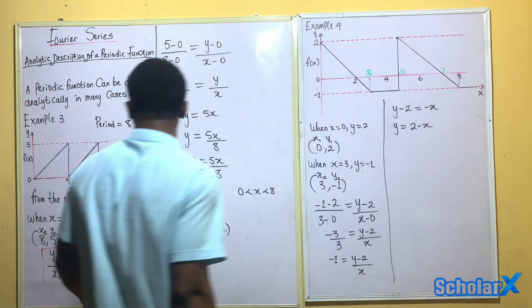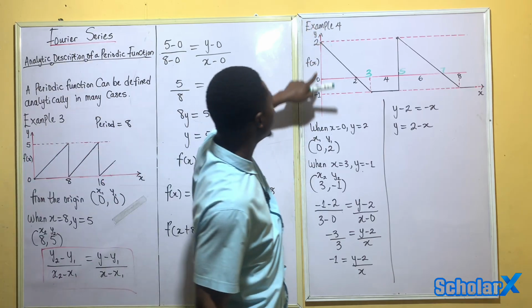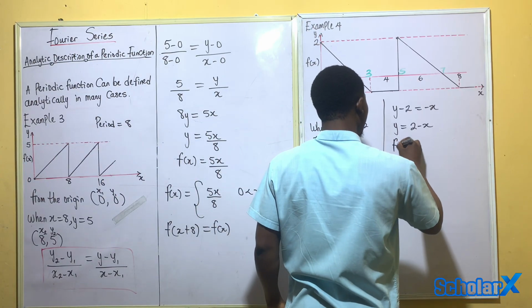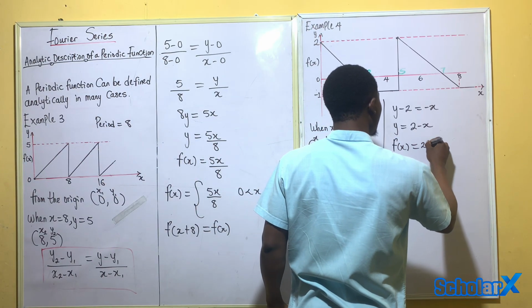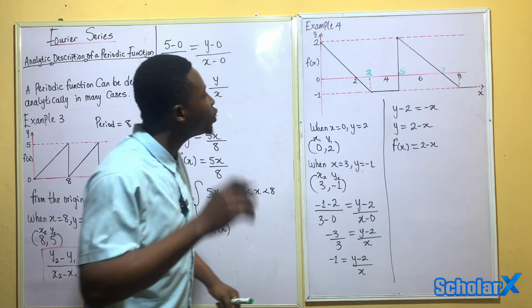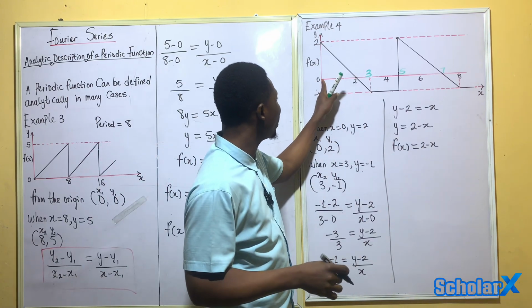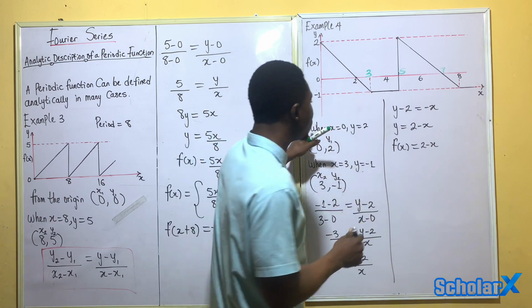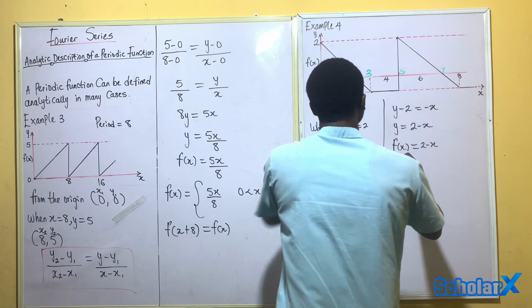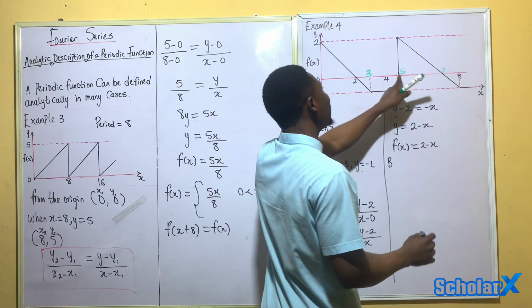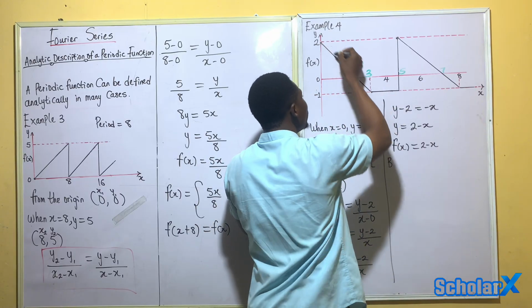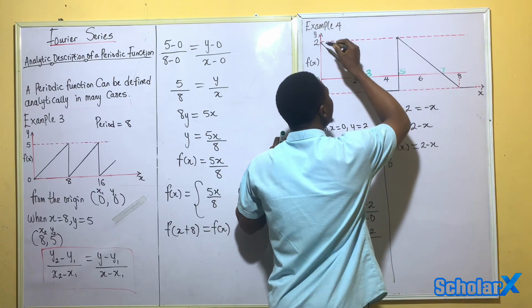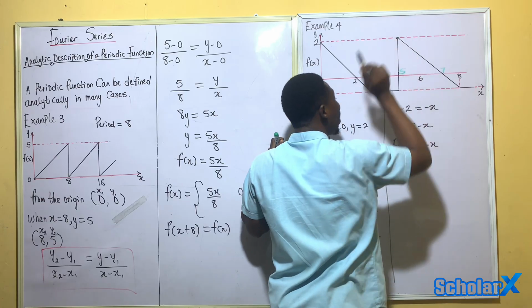Don't forget, this is our y-axis, and it's also our f of x axis. So our f of x at this point is equal to 2 minus x. Now we have made our analysis between x equal to 0 and x equal to 3. Now we are looking at between 3 and 5, because it starts from here and ends here. So we're just considering from here to here, one cycle.